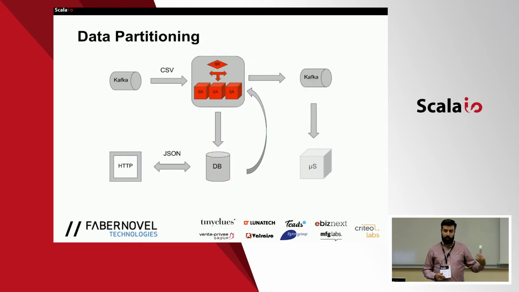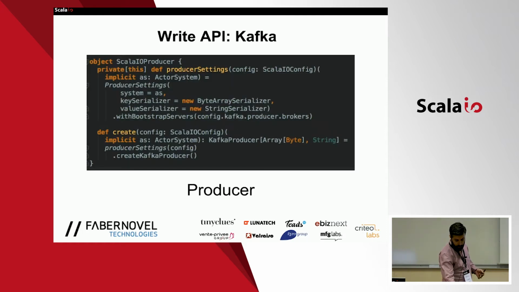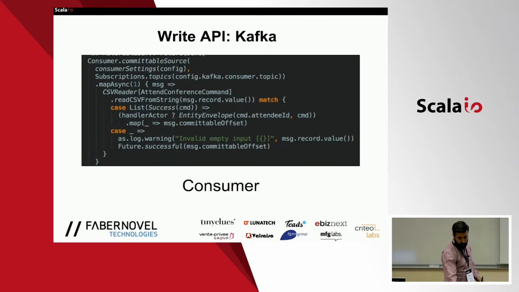So when we are talking about data partitioning, and here is where the sharding region comes in, we have an incoming message, as we saw in the consumer, and we are sending an entity envelope to the sharding region. This entity envelope contains an ID and the proper command.